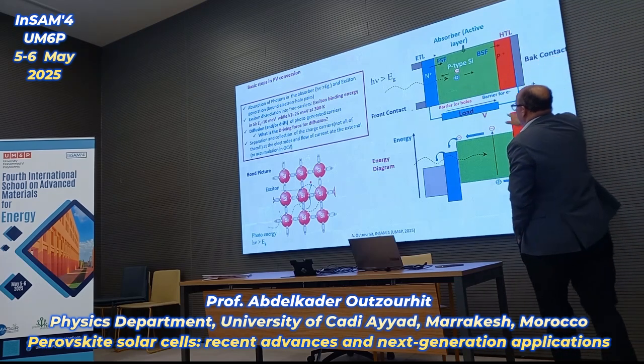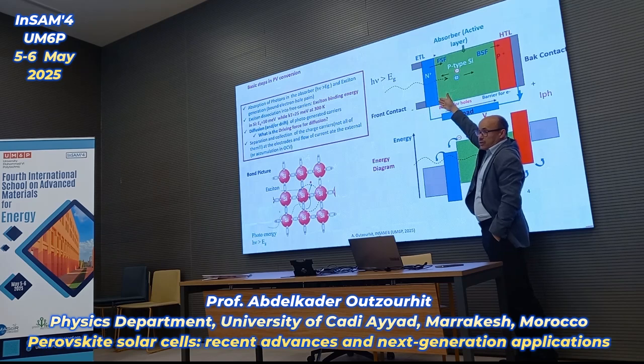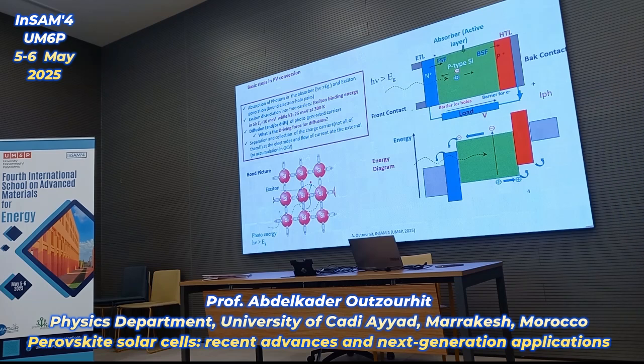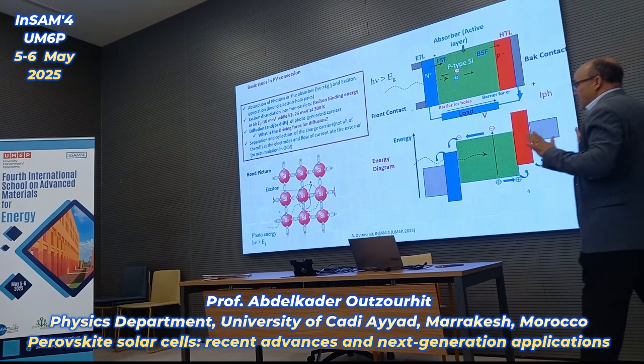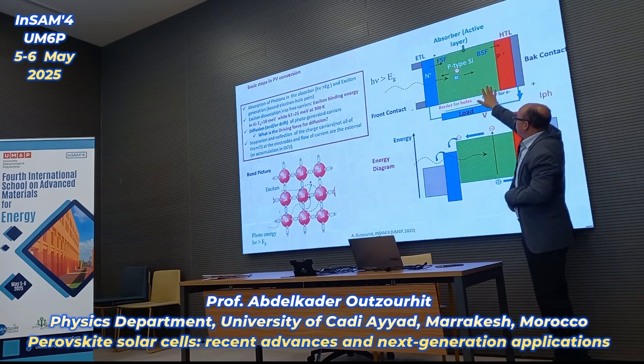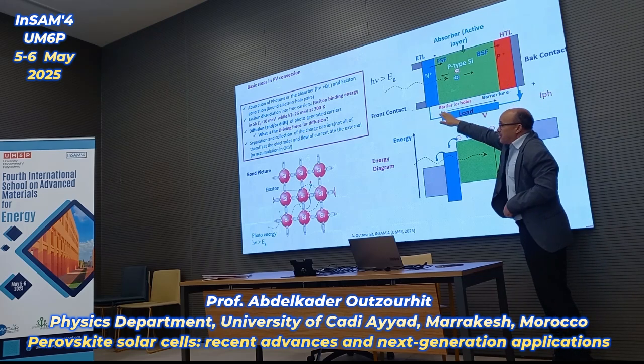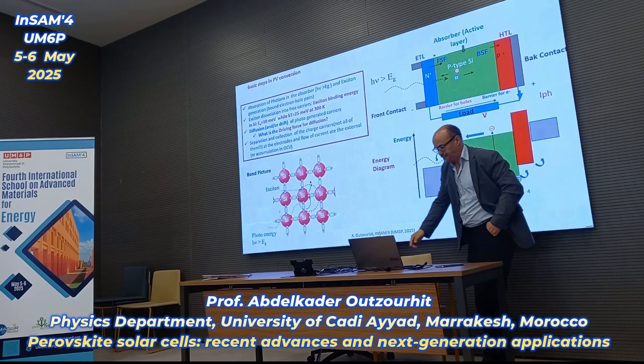The front surface field blocks the holes and lets the electrons go into the N plus side. So this is the basic operating principle of a solar cell. Now we'll see what types of materials we use here and so on.